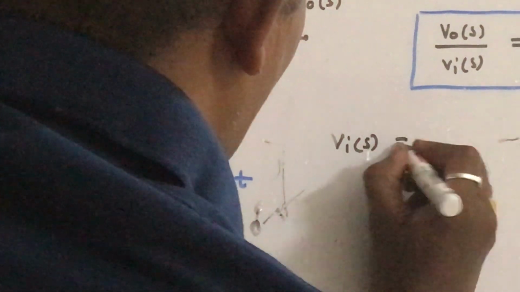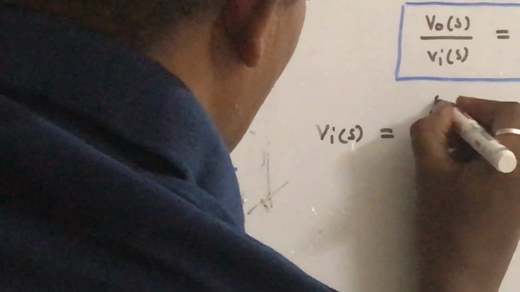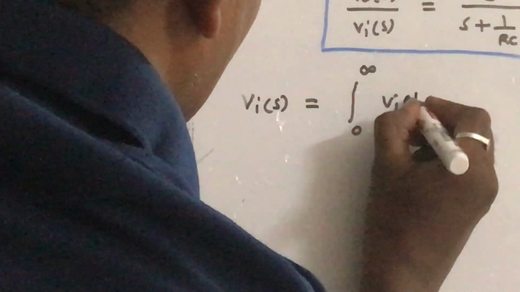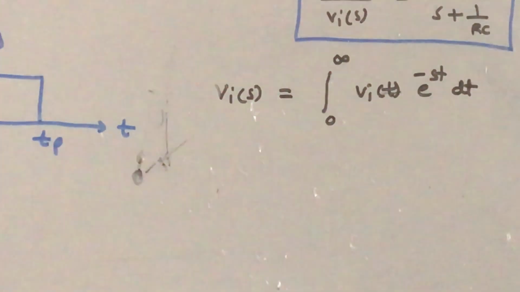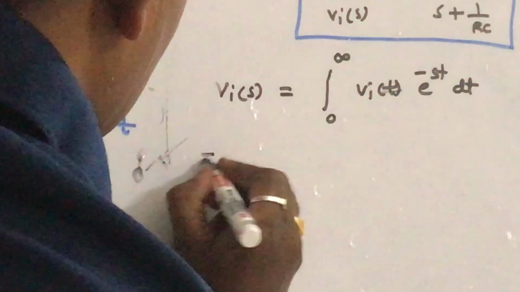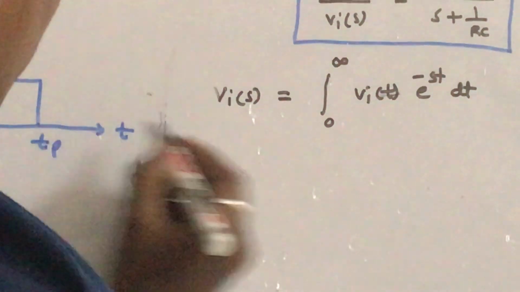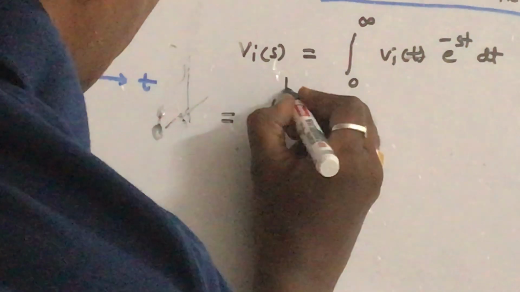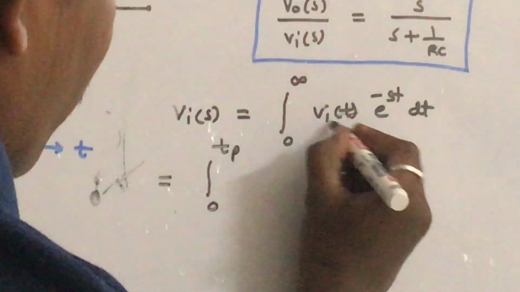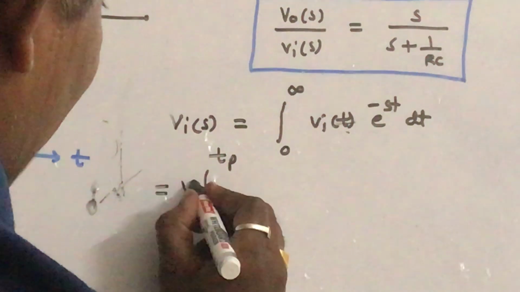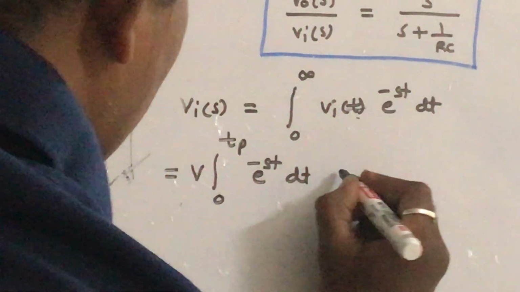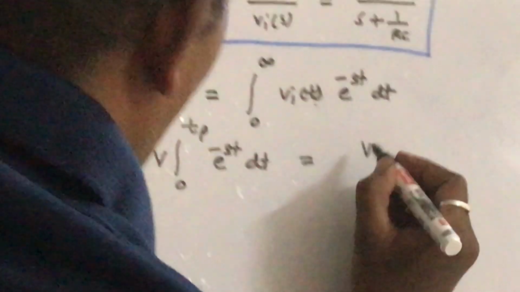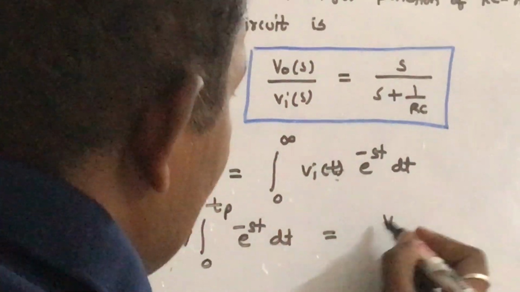What is the Laplace transform definition? Integral 0 to infinity, Vi of t into e power minus st dt. Now substitute this. Because this input exists from 0 to Tp, in this interval the input is constant amplitude. Let us take V outside, so e power minus st dt. The integration of e power minus st is e power minus st by minus s.